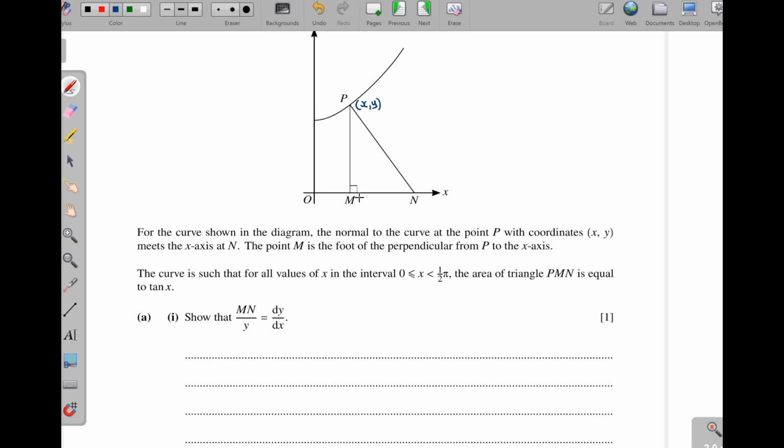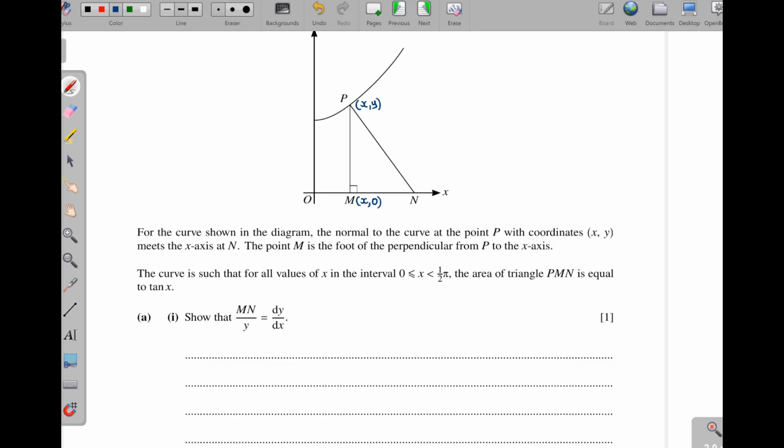That means this M here has a certain x coordinate. They have the same x coordinate because this one is a vertical line. And then we know that on the x-axis, y is 0.